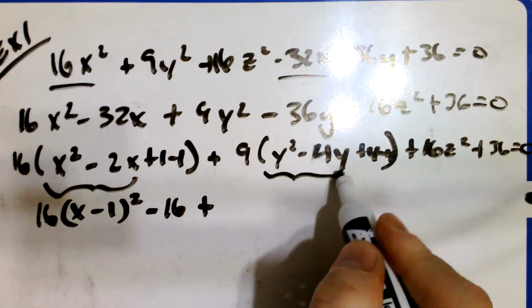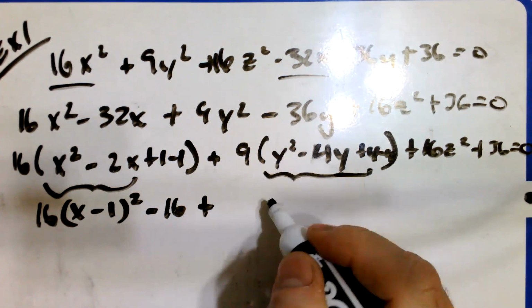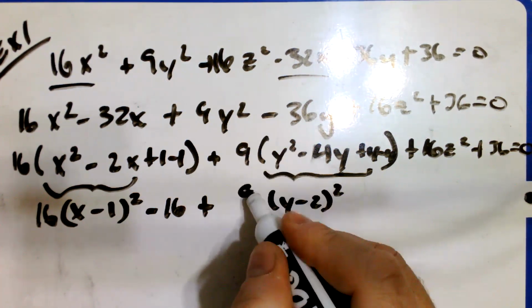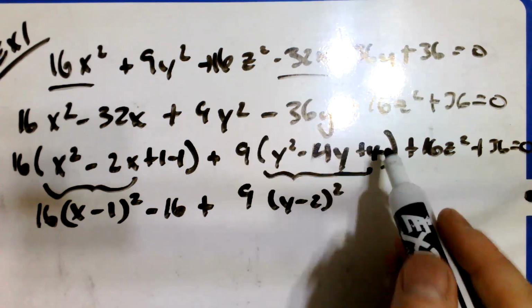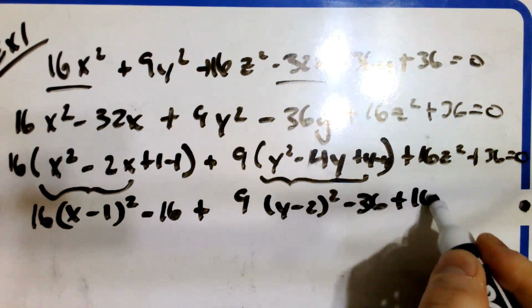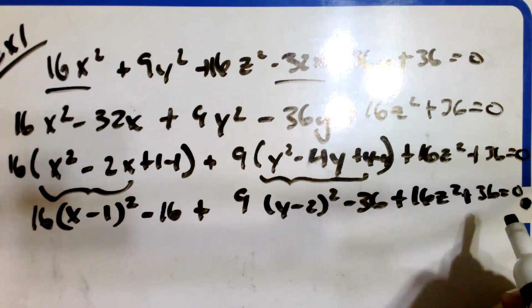Doing the same thing here, that part is going to collapse down to y minus 2 squared. But I have a product of 9 on the outside, so I'm going to multiply that by 9. And likewise, I'm distributing the 9 into this minus 4, making that a minus 36 plus 16z squared plus 36 equals 0.